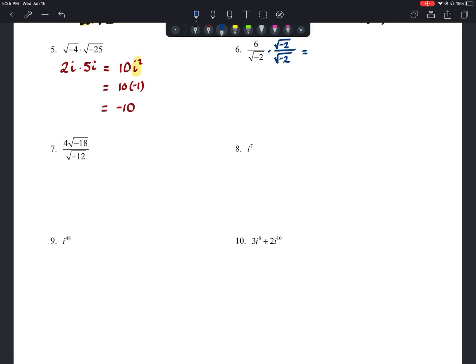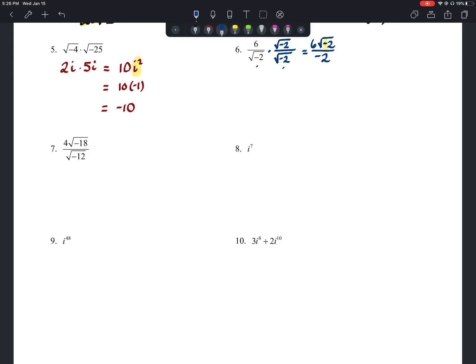Now when we multiply it, the square root of -2 times the square root of -2 is going to be -2. And on the top, right now I have the 6 times the square root of -2. Now I wish we could say that we were done, but there's a little bit more that we have to do. We cannot leave this negative inside the square root.